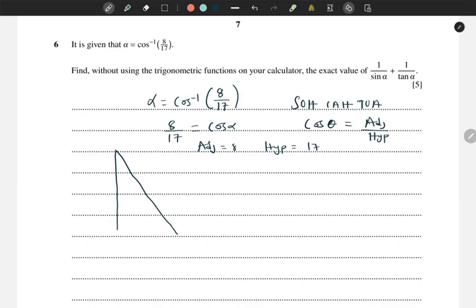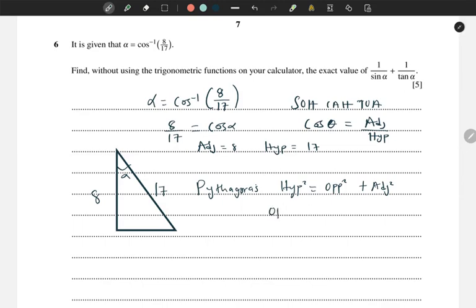So let's say we have a triangle of this form, such that this side here is 17 and let's call this 8, where this is going to be the angle alpha. The next thing to find is the opposite, where we can make use of Pythagoras theorem, which is hypotenuse squared equals opposite squared plus adjacent squared.